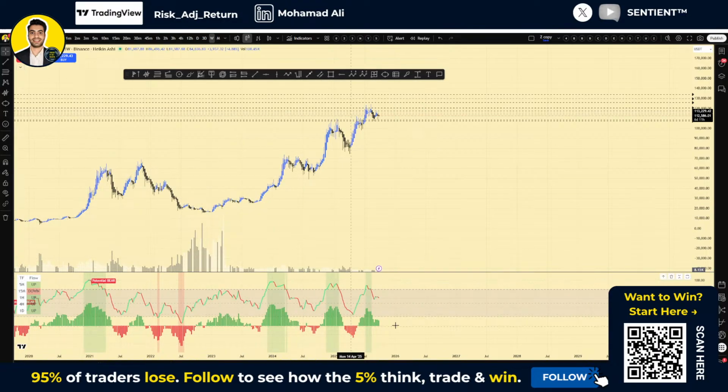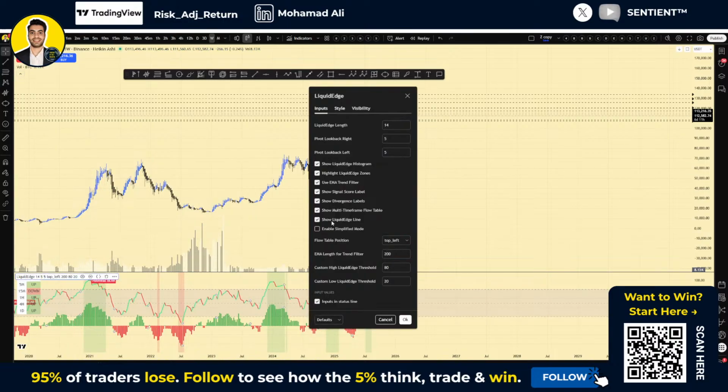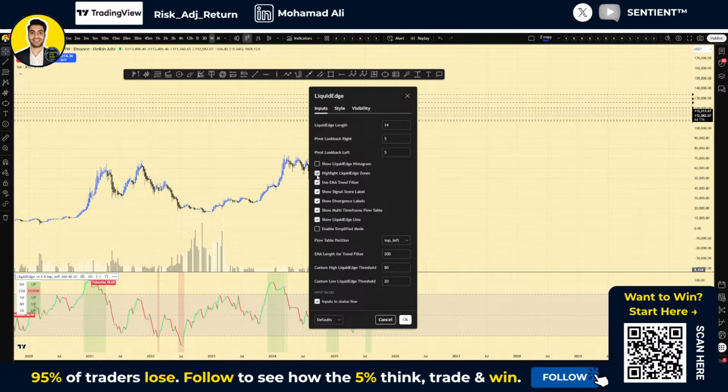One thing I will be testing over here: when we open it and go to the settings, I'm going to be removing the histograms because later on I will be showcasing that, and I will keep the zones, and I will keep the table in the middle right, so it tells us the story in shortcuts of what's going on in the different time frames we discussed. The length 14 is okay, the pivot 5 is okay, left is 5.